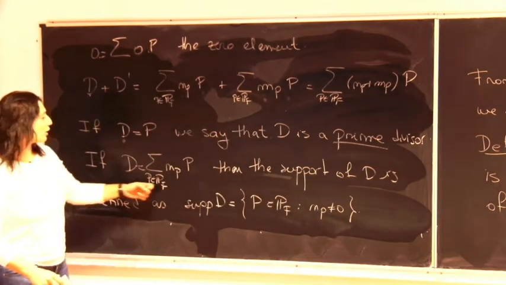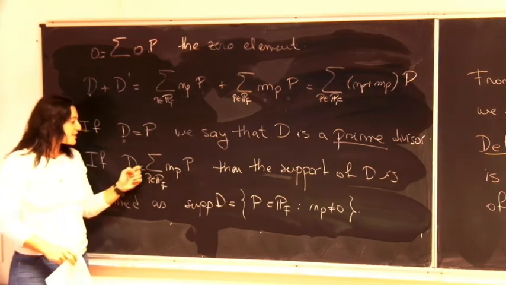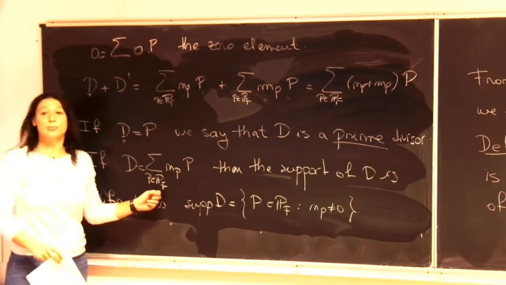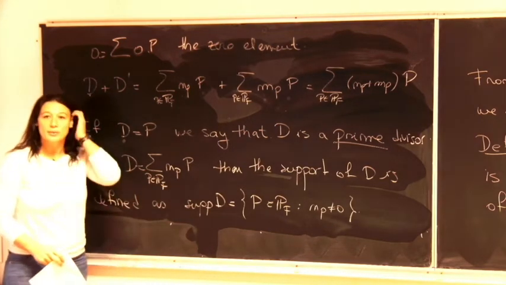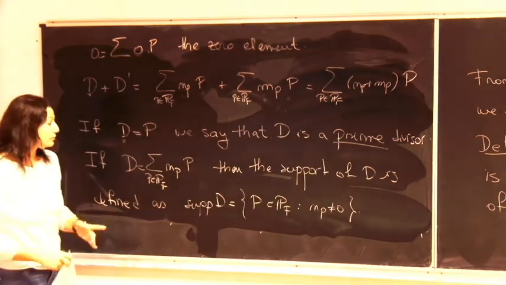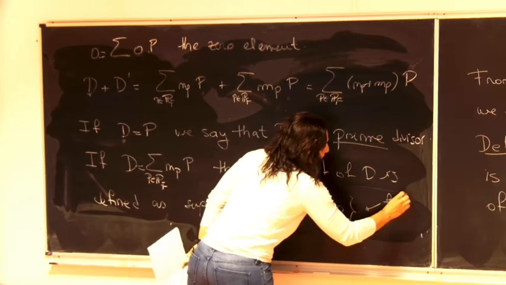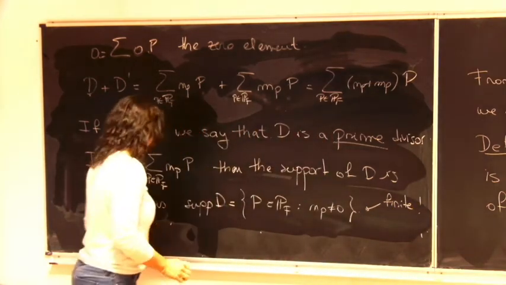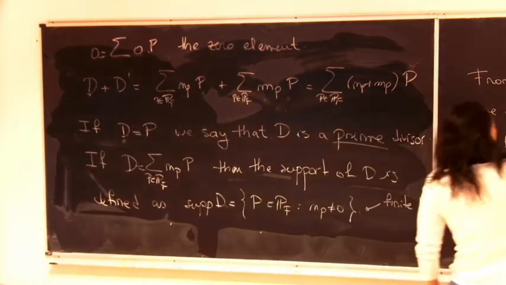So after all, what I will have is that D is the sum over the support of D of the places, because all of the others are going to be 0. And this is a finite set. And so we can define a valuation, as I was saying before.